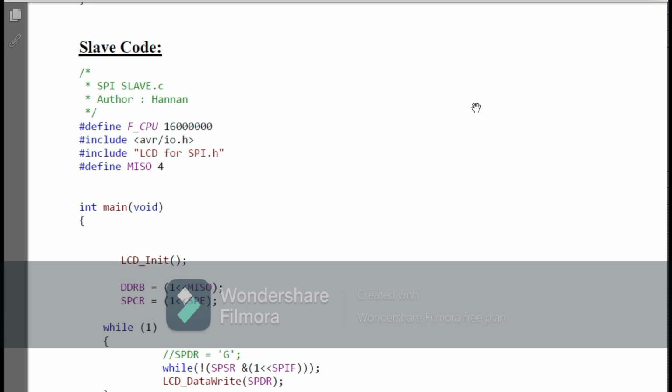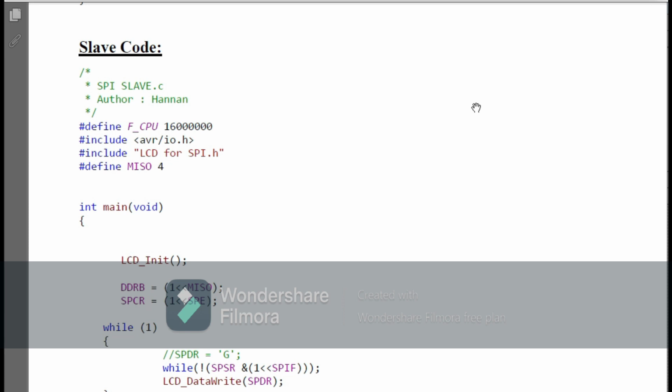Master slave means the slave depends upon the operations of the master. Whenever the master performs its operation and completes it, then the slave will act according to the master conditions, whatever the master has told the slave.